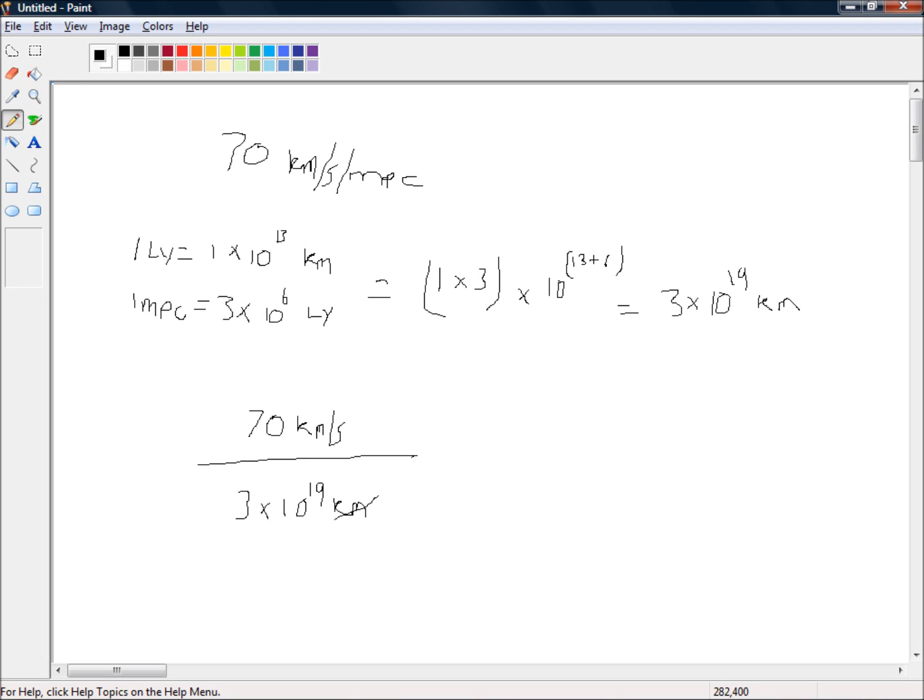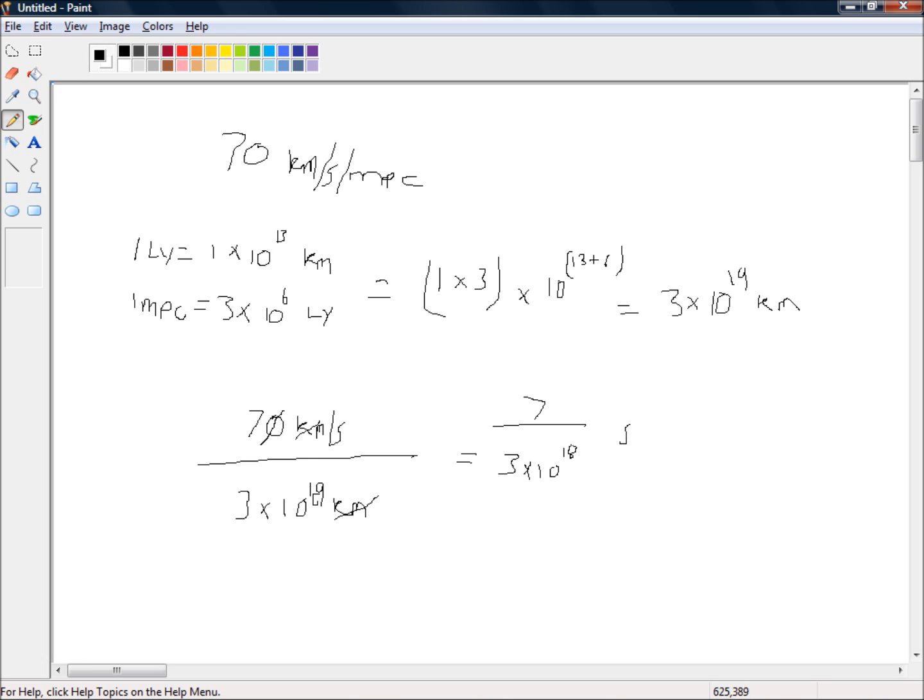Well, the units cancel, leaving us reciprocal seconds. So now 70 divided by 3 times 10 to the power 19, well, we can cancel that 0 and turn that into an 18. So that's equal to 7 over 3 times 10 to the power 18.